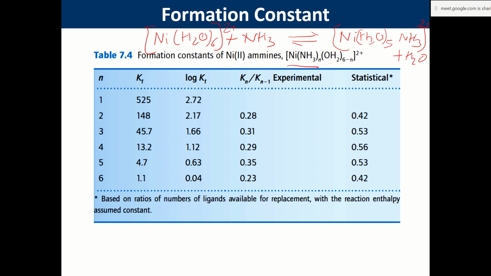So in the second step you will write NiH2O5NH3 plus NH3. In this manner you should write all the steps in your notebook.